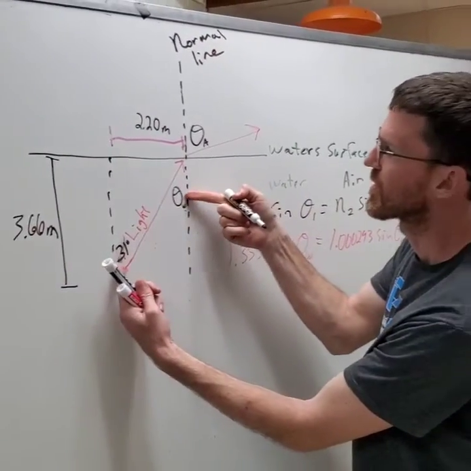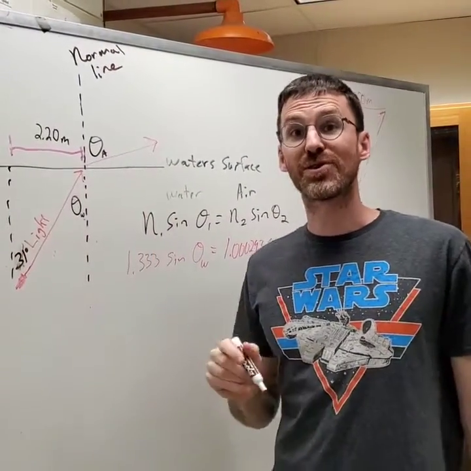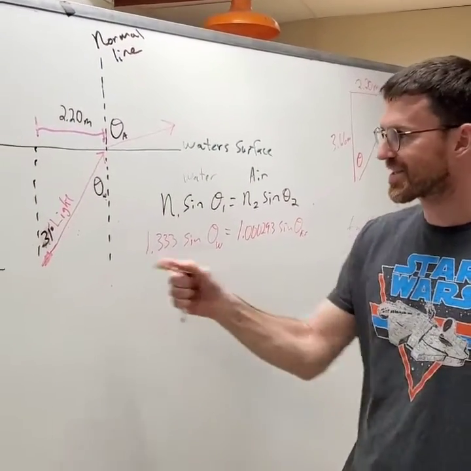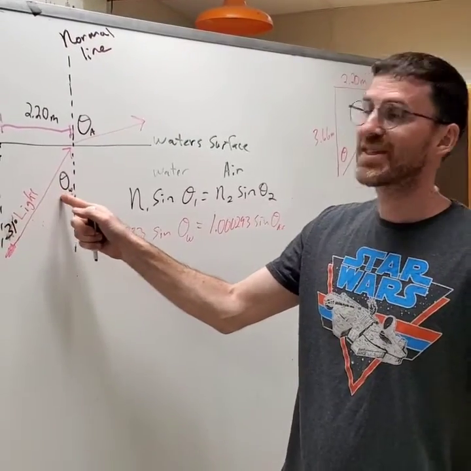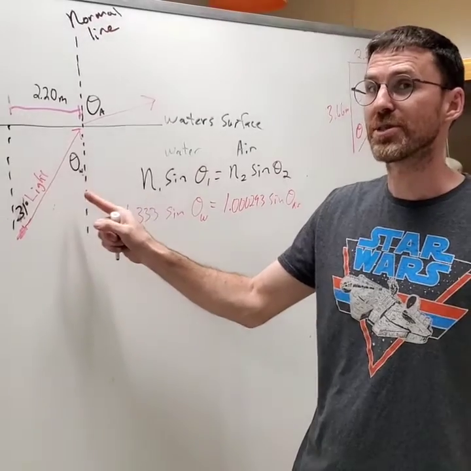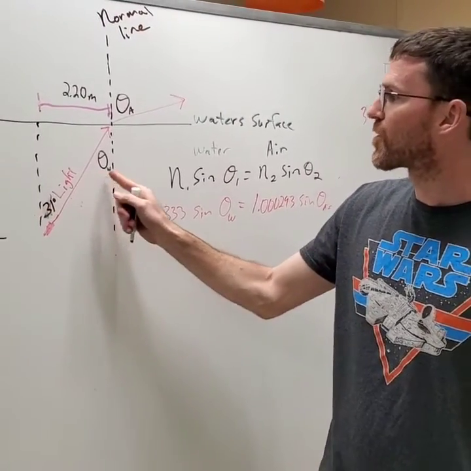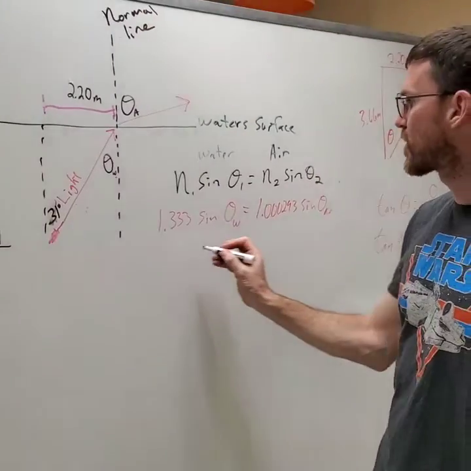But look, two parallel lines cut by a transversal, geometry. Yes. So 31 degrees, this is alternate interior angles. Alternate interior angles are congruent when a transversal cuts parallel lines. So there we go, theta W is 31 degrees.